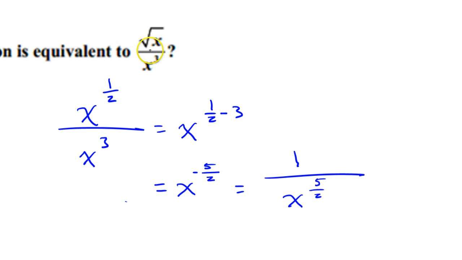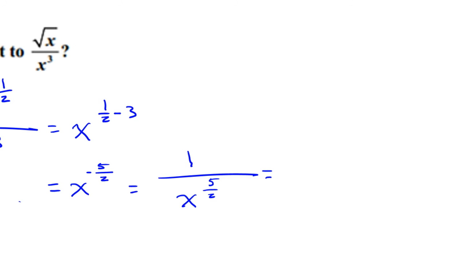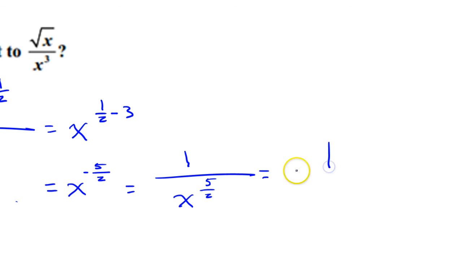So far we've got this. Now, we didn't start off with fractional powers. We started off with radicals. So for our final answer, we need to change this back into radicals again. I'm still going to leave it as 1 over, but remember that when you're looking at a fractional power, the numerator is the power and the denominator is the root. Power over root. So I'm going to do the second root.